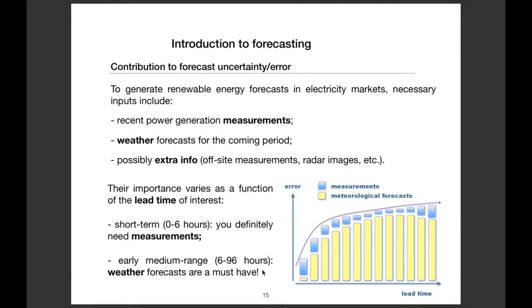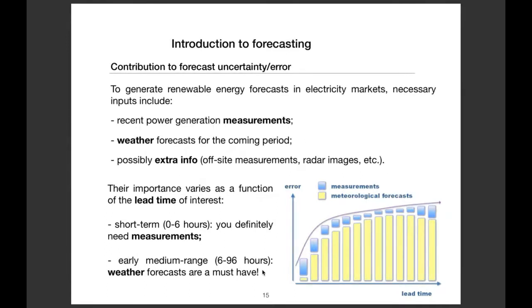The importance of which one you will use varies as a function of the lead time of interest. For instance, if you want to compute very short-term forecasts, from now up to 6 hours, we definitely need some measurements because the weather forecasts are not very accurate. They cannot tell you, okay, probably in the next minute you will have a cloud.